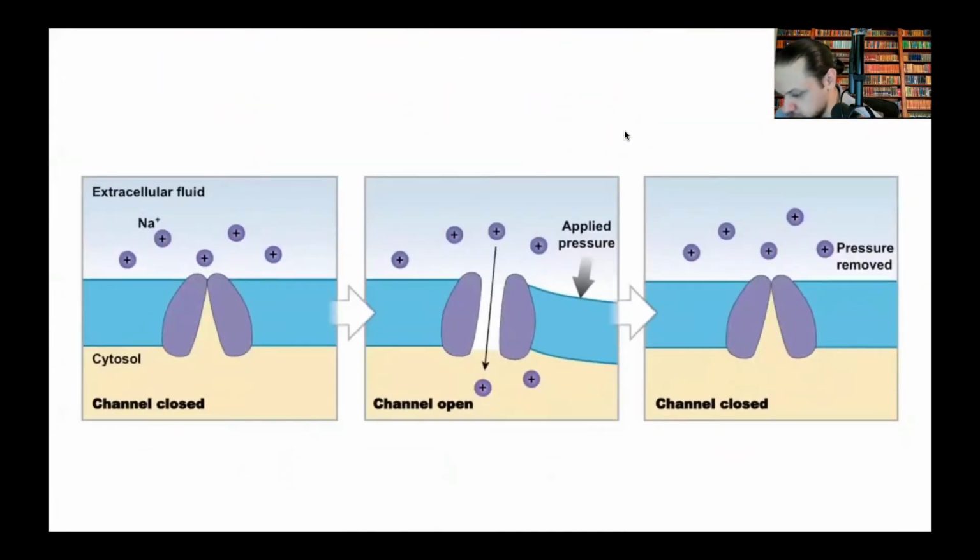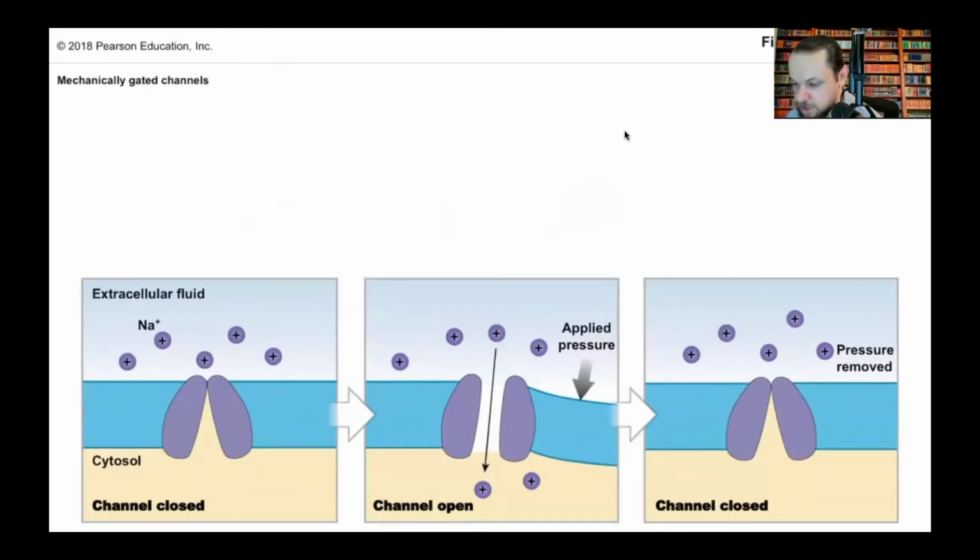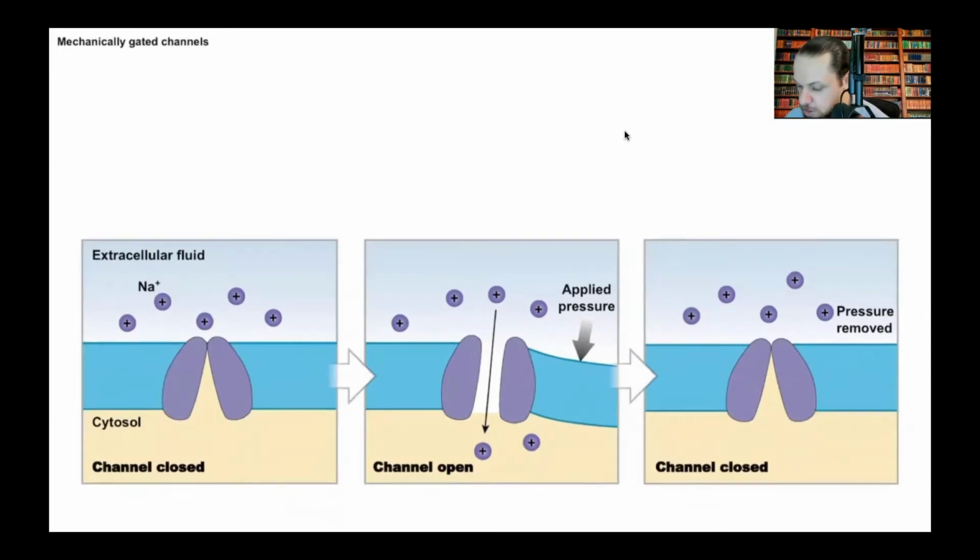Here, this one, I was referring to the mechanically gated channels. They're leaky channels. So this was the receptor. I said I touch my finger and the sodium comes in. So we see the channel is closed, sodium is outside, but the moment pressure is applied, let's say a stimulus came in, and the stimulus was not sub-threshold.